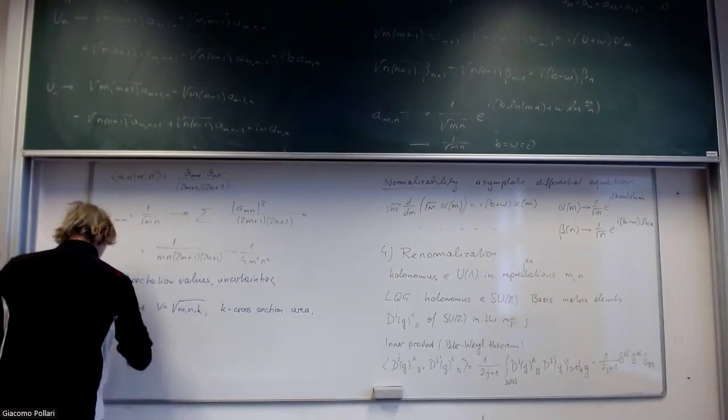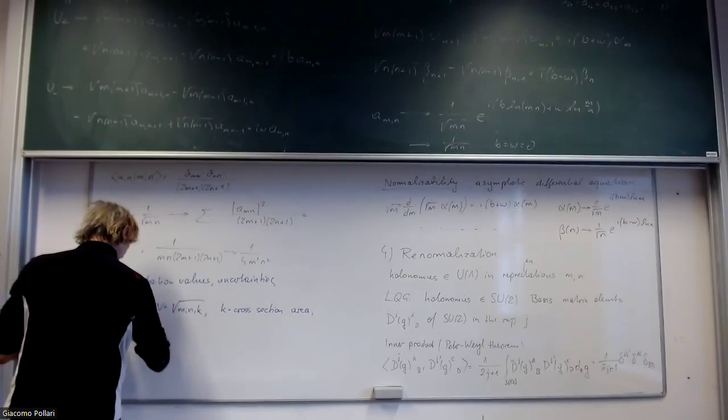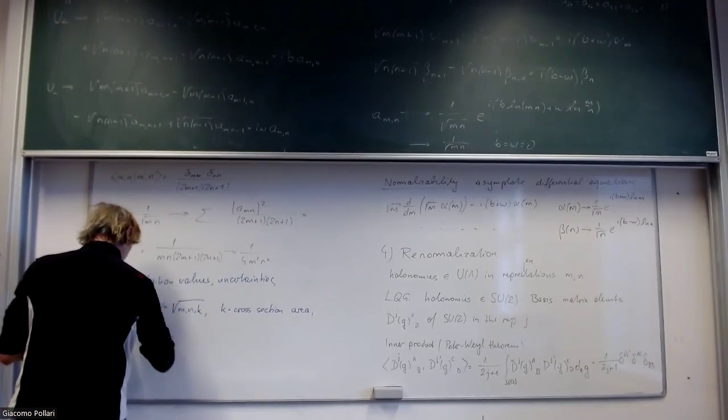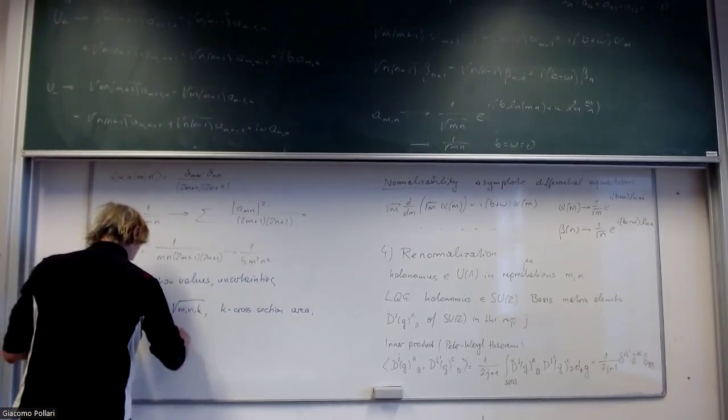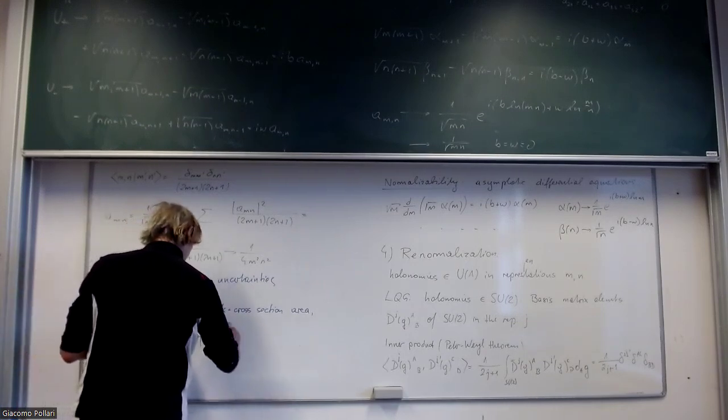M divided by K, so K bar is a length, of a cell.